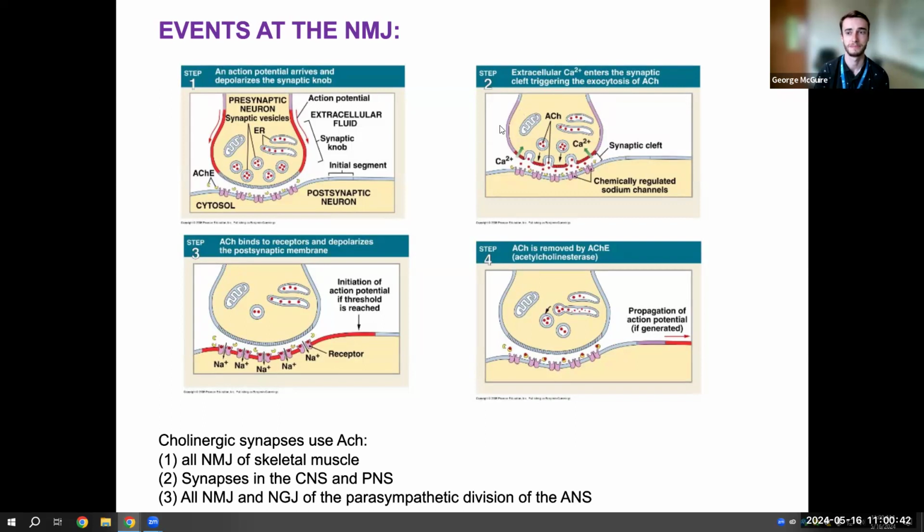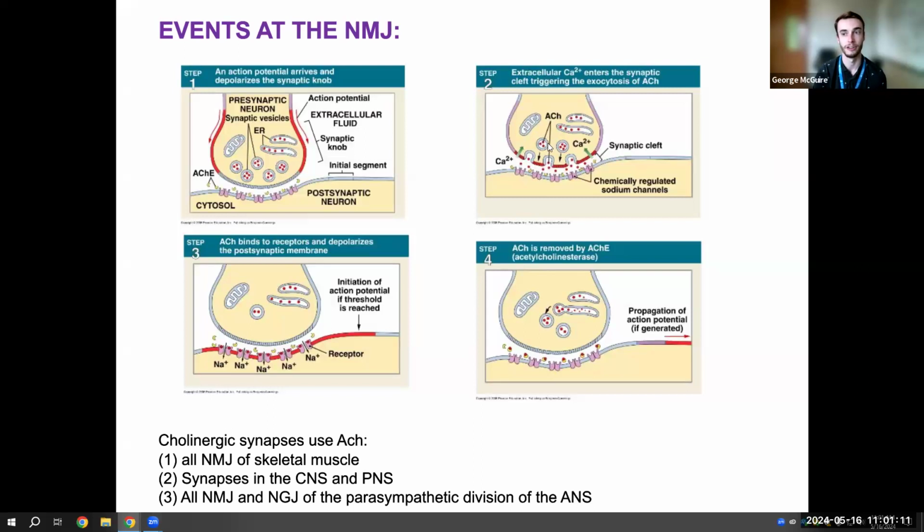Anyways, the action potential reaches the synaptic terminal. That depolarization of the membrane is going to activate voltage-gated calcium channels in this case. So calcium floods into the synaptic terminal here, or sorry, synaptic knob. That influx of calcium is going to stimulate the exocytosis, essentially the fusing of these vesicles with the membrane.